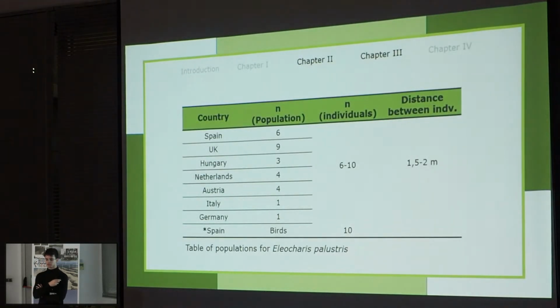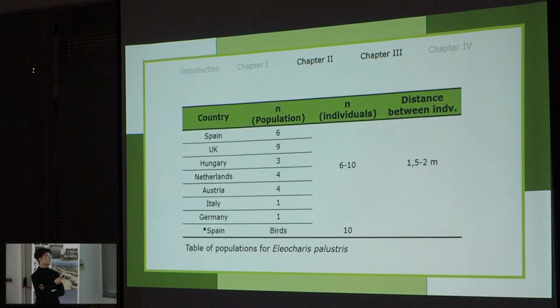This table sums up the total number of populations and the number of individuals, and compared to Cotula, for this species we have an extra population of seeds grown in a greenhouse coming from feces of waterbirds.